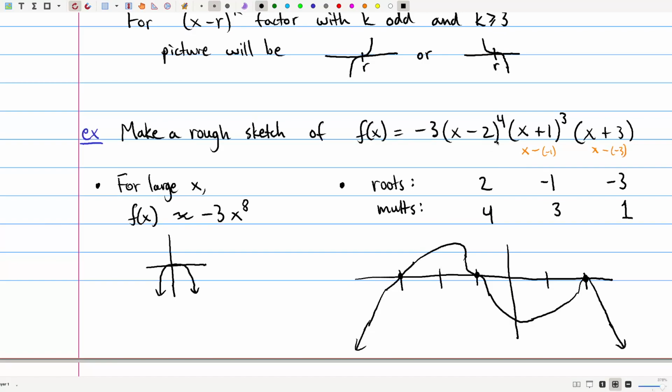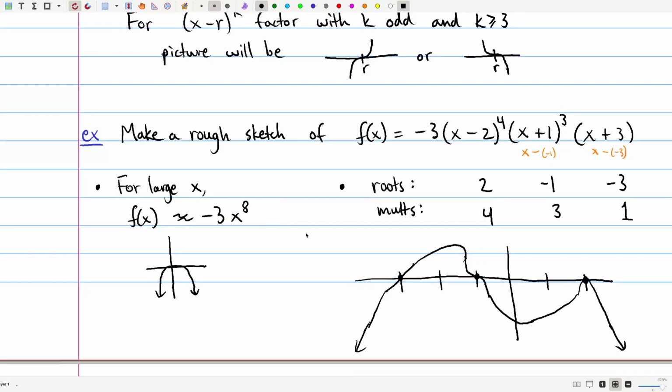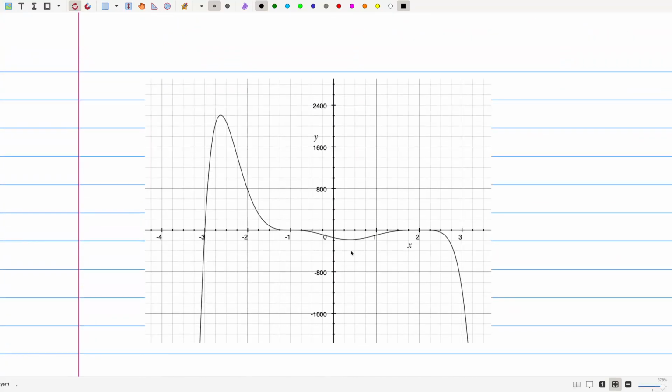Of course, we have computers. We can make a really accurate sketch, not just a rough schematic sketch. So let's compare. I plugged it into a graphing calculator, and one thing that we didn't figure out is what sort of scale the y-axis needed. With a little experimentation, I found that including up to 2400 was enough to see the graph.